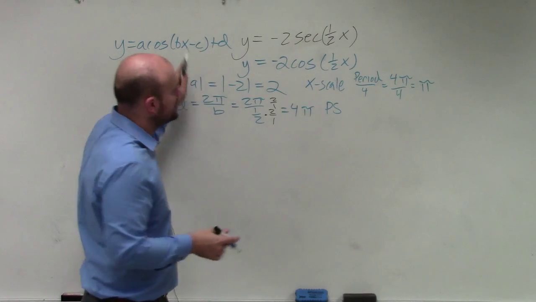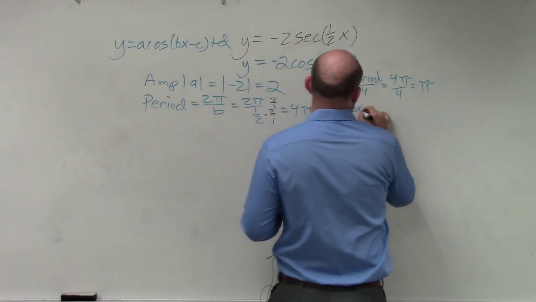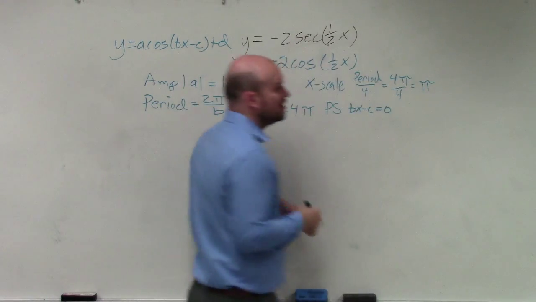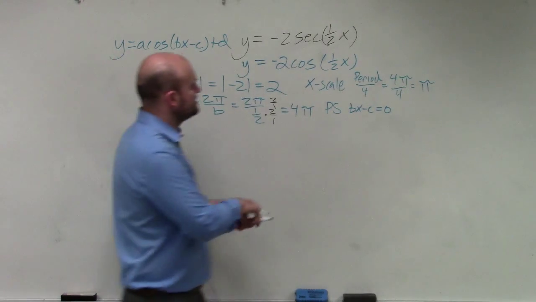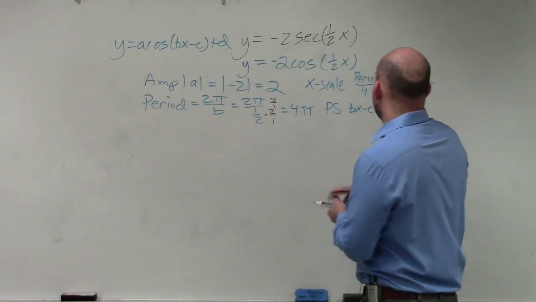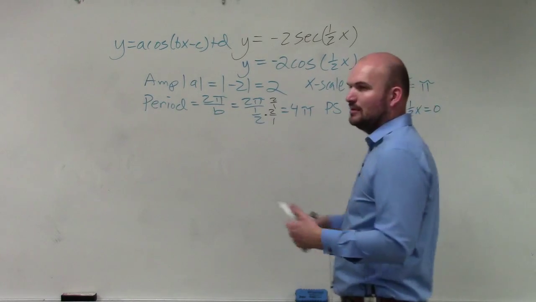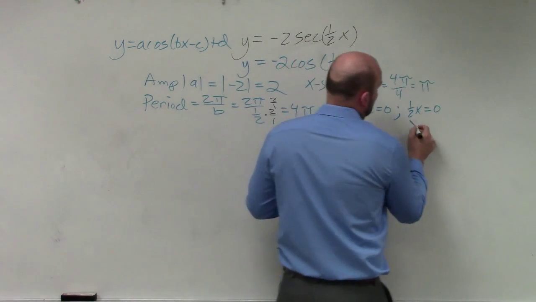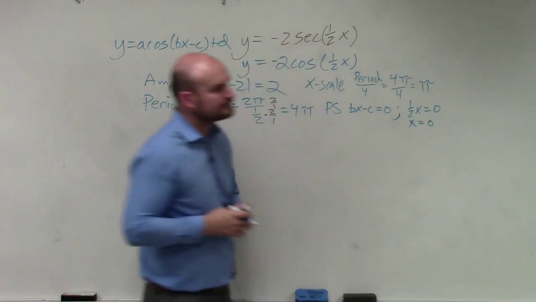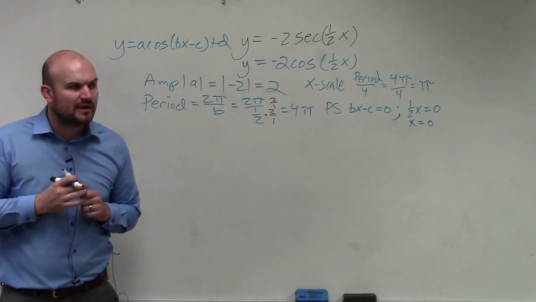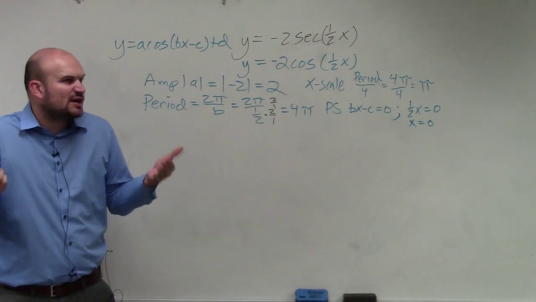So to find the phase shift, just take bx minus c and set it equal to 0 and solve for x. In this case, I have 1/2 x equals 0. When I solve for x, what do I get, Brandon? I get x equals 0, right? So is there a phase shift? No, I'm starting at 0.